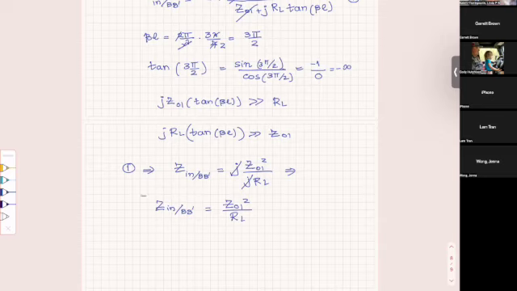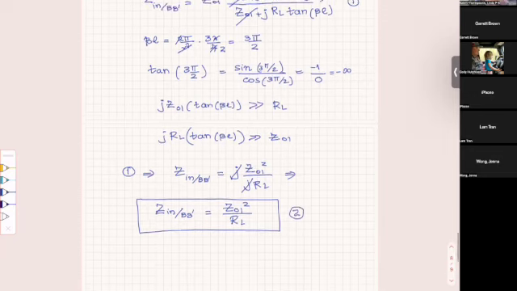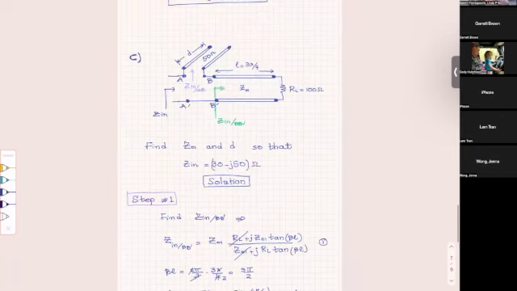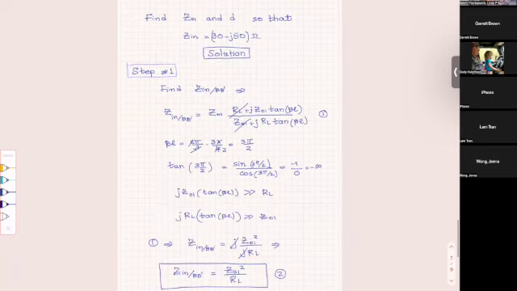Okay, that is one equation. That's equation 2. Okay, so now we found the green one. So let's put it here so we remember it.